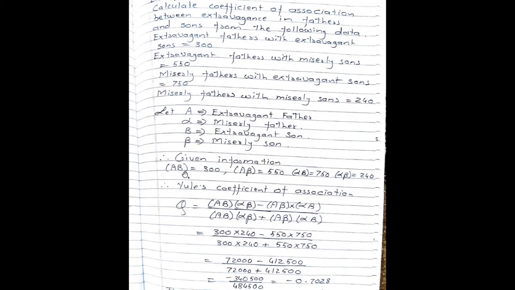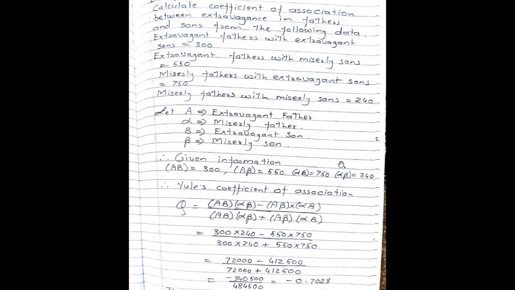So it is nothing but AB. AB is equal to 300. Extravagant father with miserly son, that is nothing but A beta. A beta is equal to 550. Miserly father with extravagant son is denoted by alpha B, which is equal to 750. And miserly father with miserly son is equal to 240. So value of alpha beta is 240.